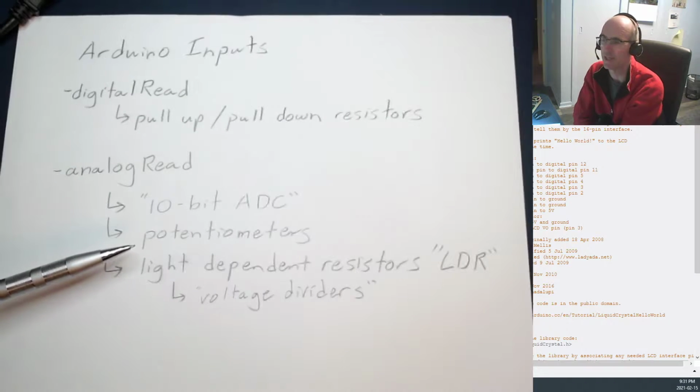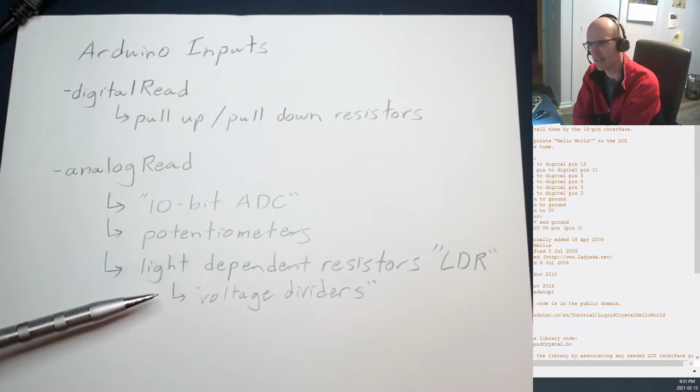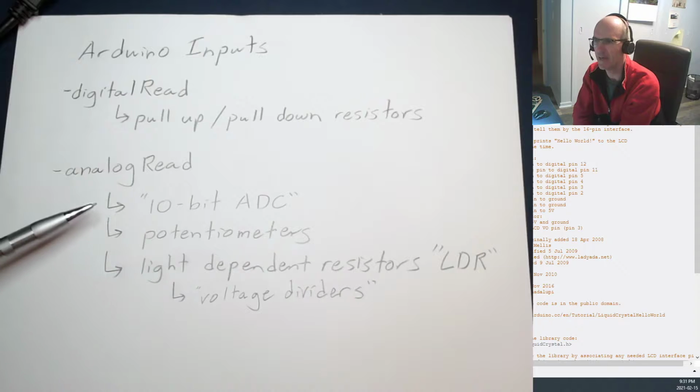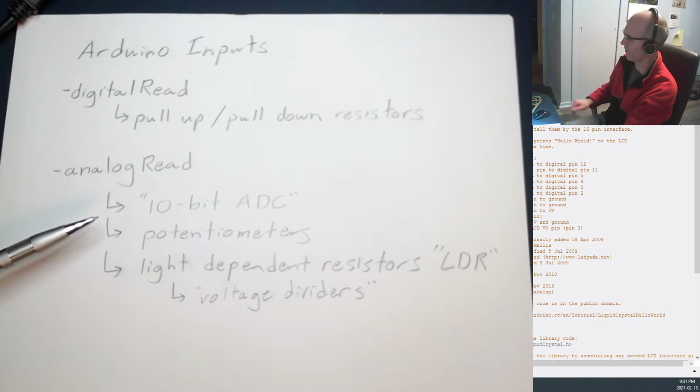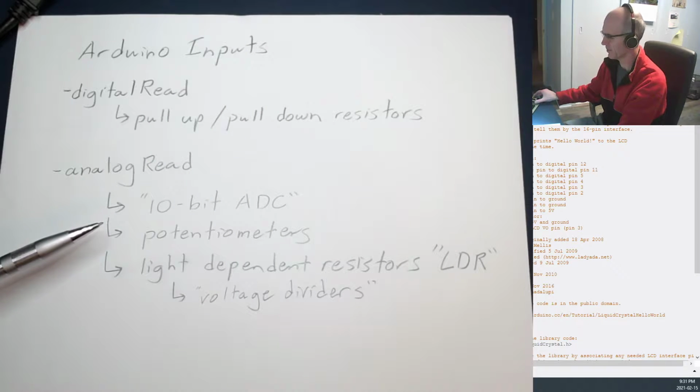Well, we've been using a potentiometer to control the contrast on our LCD screen, but we'll take a little bit closer look at what they are and how they work. And then we're going to go and dig out a light dependent resistor and use that to talk about voltage dividers and how we can read them with the analog write command. Sometimes the light dependent resistors are also called photoresistors.